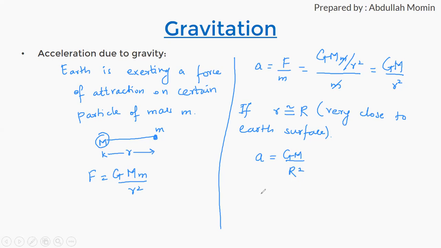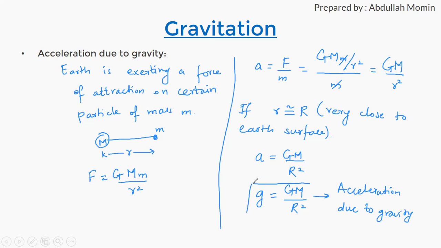This acceleration is denoted as g, which is nothing but acceleration due to gravity. So this is the formula of acceleration due to gravity exerted by the earth. Capital M is the mass of the earth and capital R is the radius of the earth.